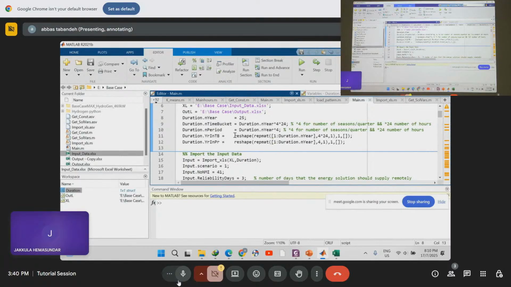What syntax have we used to show a matrix for the year in time bucket? We have used repmat. What does it do? It repeats each matrix, for example, by 20 by 4 times 24.